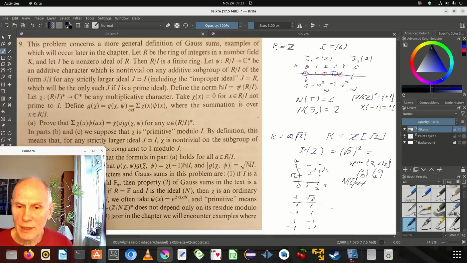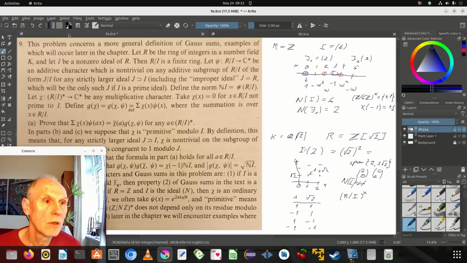And what have we got down here? The multiplicative group. The point is that square root 2, when we square that, the product of it with the square lies in the ideal, so it's not in the multiplicative group. So that's just unity.